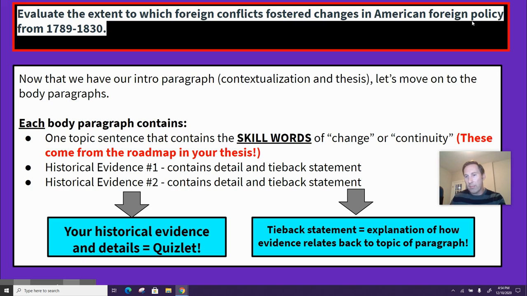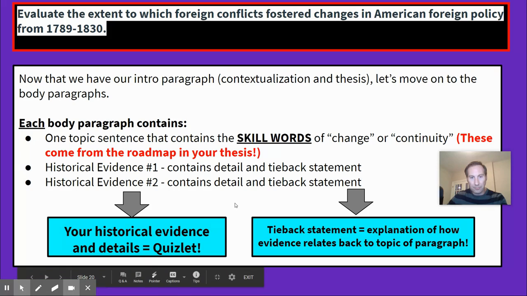You want to avoid broad concepts because that's not really going to get you those evidence points. And then for every piece of evidence, always explain how this relates to your argument. How is this showing a change? How is this showing a continuity? So let's take a look at what that looks like.